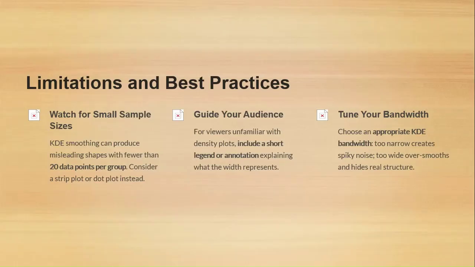It is also important to guide the audience by explaining that wider sections represent greater data concentration. Another important factor is bandwidth selection in KDE. Too much smoothing hides detail, while too little smoothing creates unnecessary noise. So, interpretation should always be done thoughtfully.